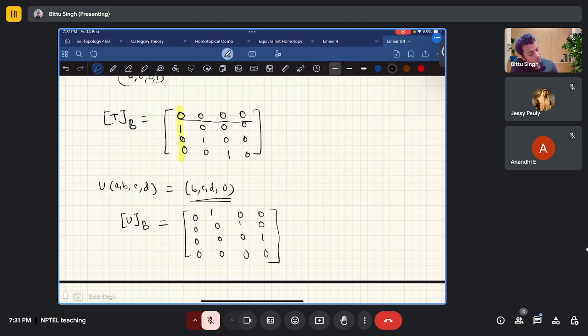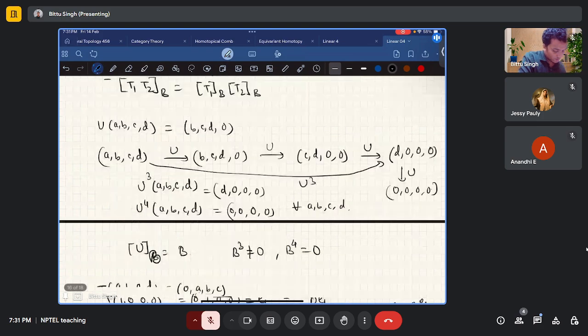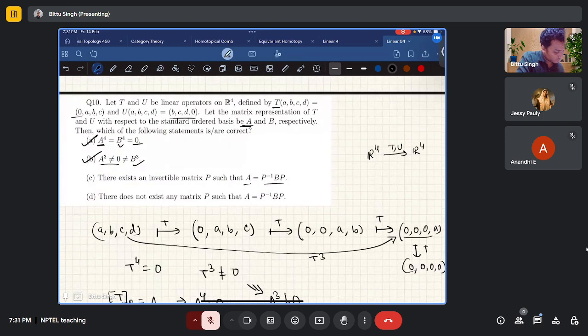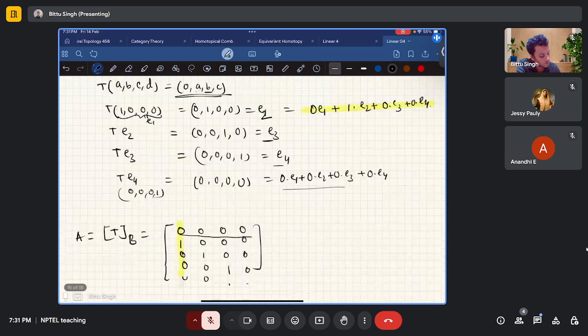Okay, so you already have those two matrix representations, which are denoted by A and B, and we need to check if A and B are similar or not. That is, A can be written as P inverse B P. So let us see.